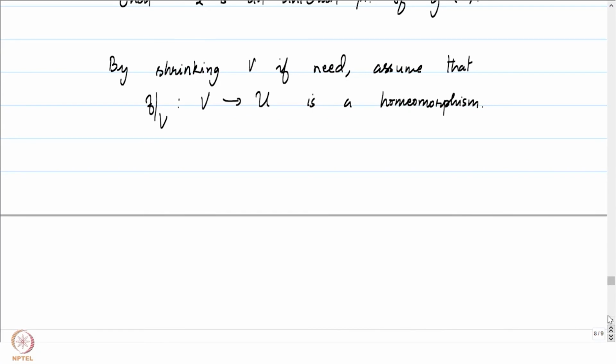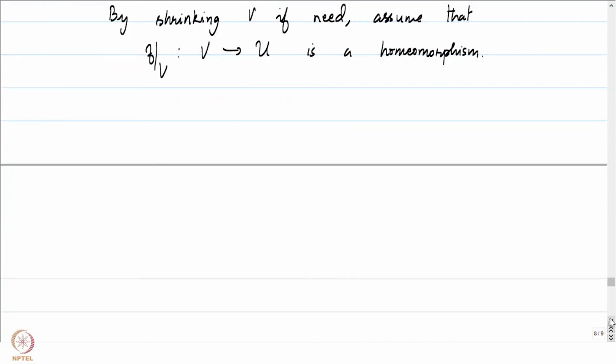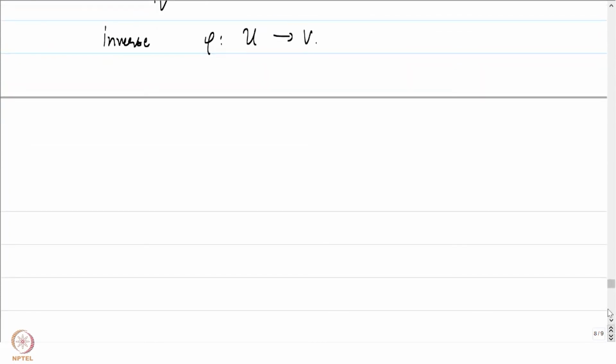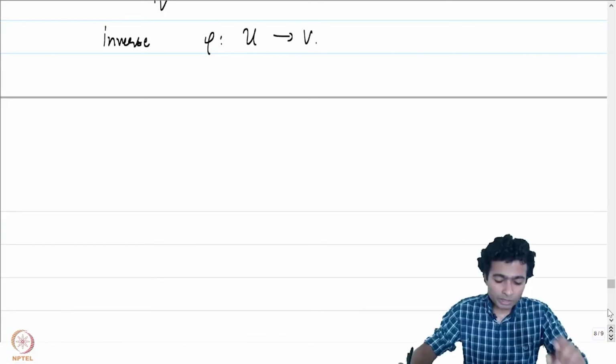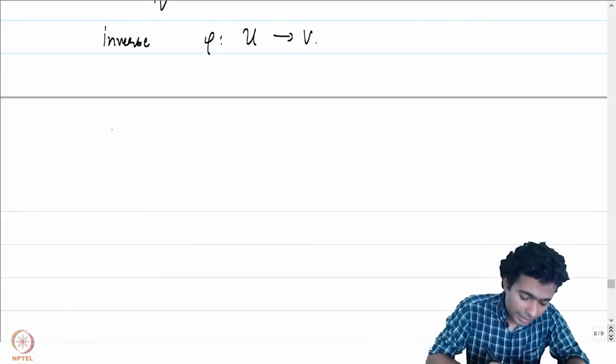So we will work with V, which is now a neighborhood of y where our F is a homeomorphism. Let's call the inverse phi, from U to V. This is precisely the inverse. Now let's consider G inverse of U. Remember that G is a continuous map to begin with, right?